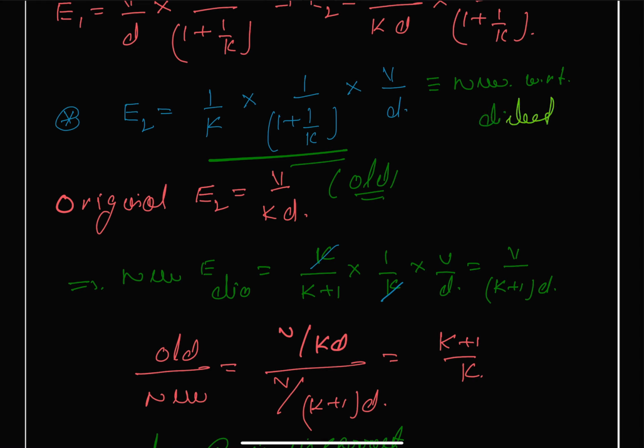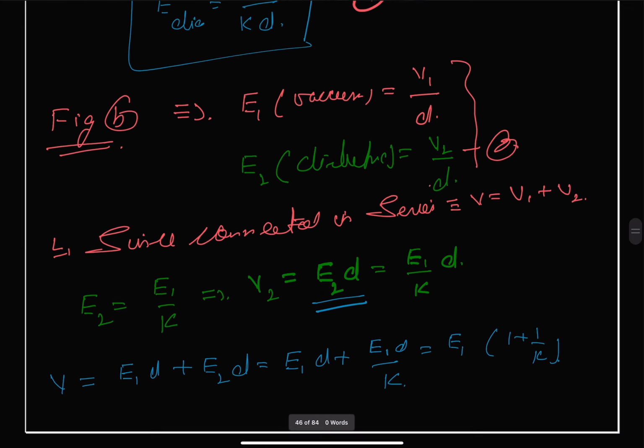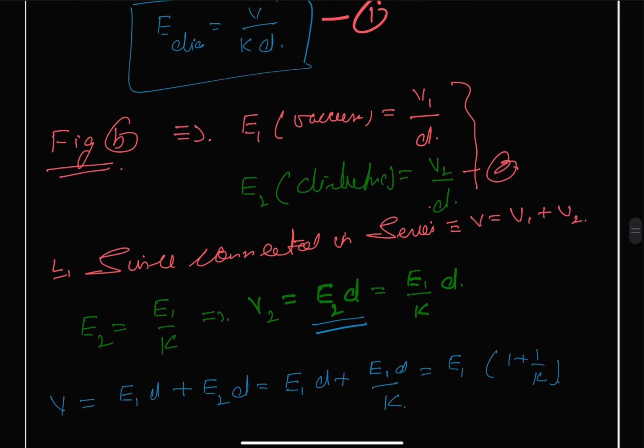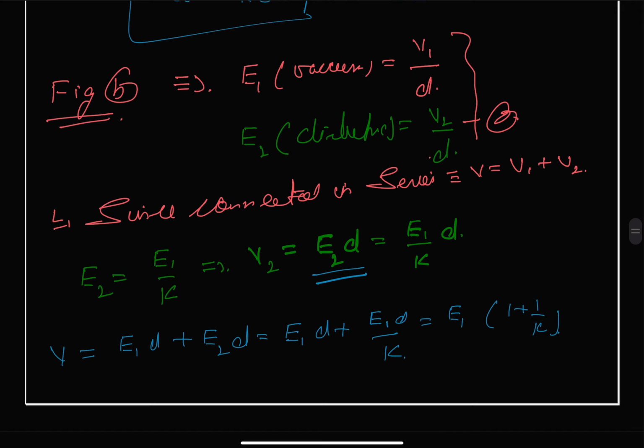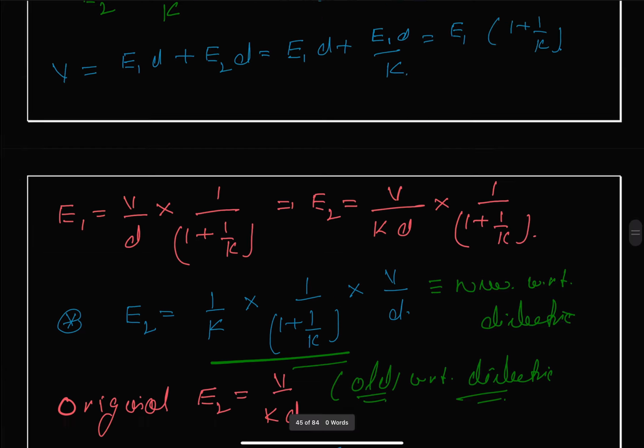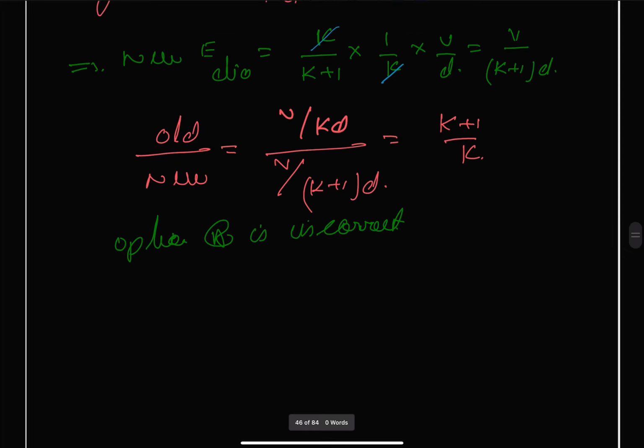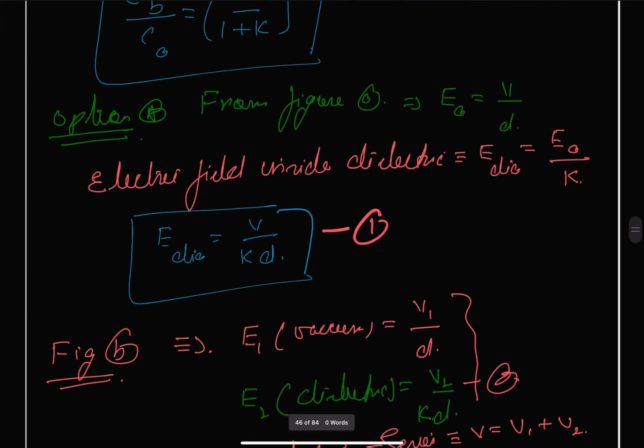And this is old, and this is also with respect to dielectric. Yeah, this will be K. I erased it. Okay. So reduction is there, but it's not by a factor of 2K. So option A is incorrect.